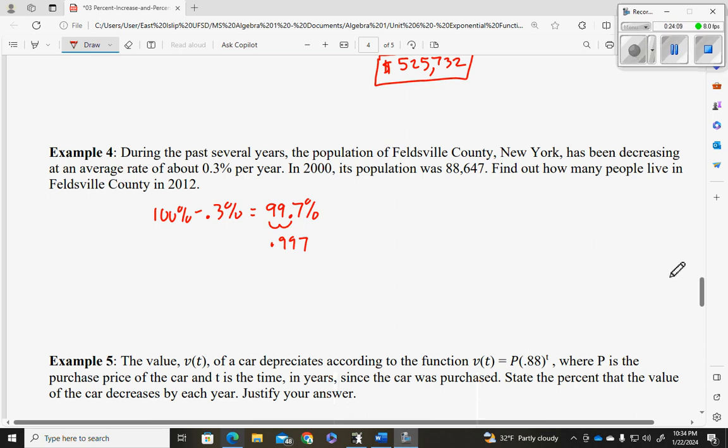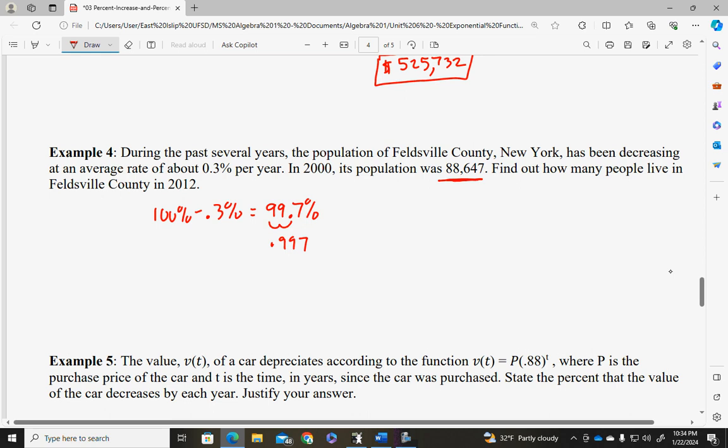In 2000, its population was 88,647. So that's our starting amount. Multiply it by the base. And I'll use a t for time. They want us to find out how many people lived in Feldsville County in 2012. So how many years has passed? It's been 12 years. Put a 12 in place of the t and find your answer.